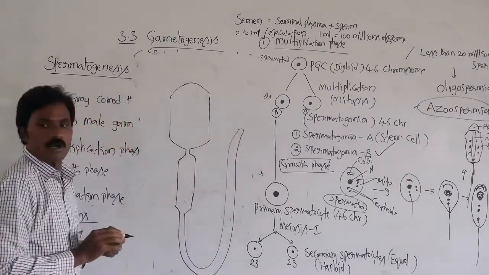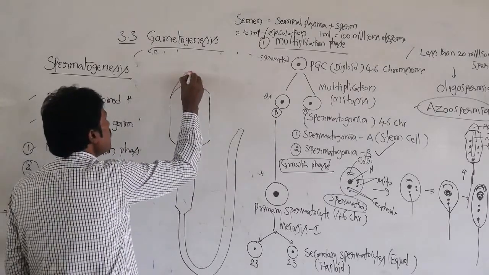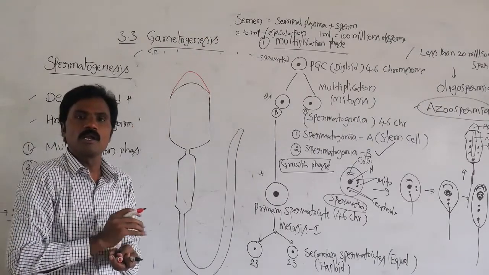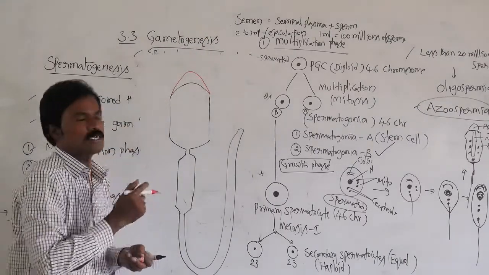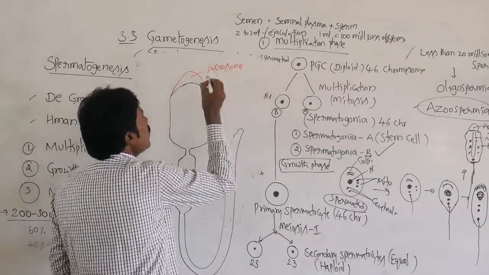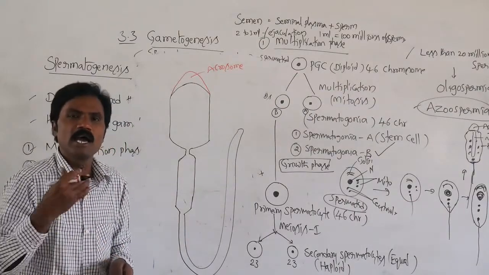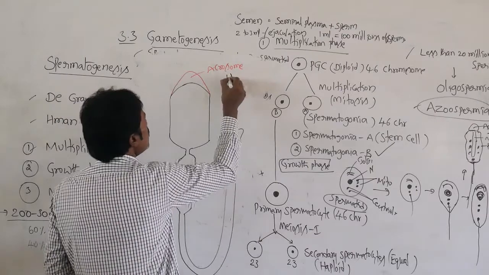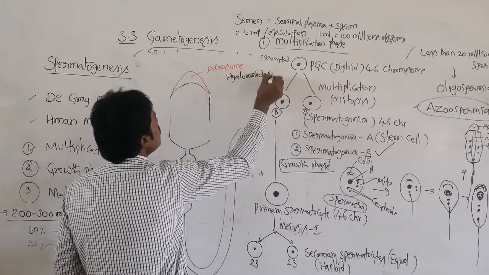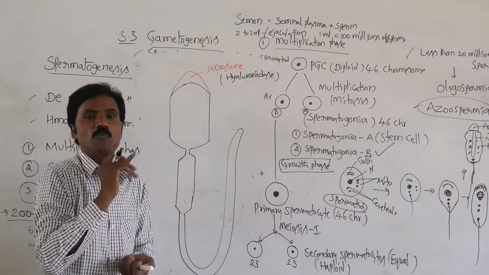The superior part of the head is a crown-like, cap-like structure. That is what we call the acrosome. The acrosome contains a specific enzyme. What is the name of that enzyme? Hyaluronidase. It acts as a vital role for penetration of the ovum.